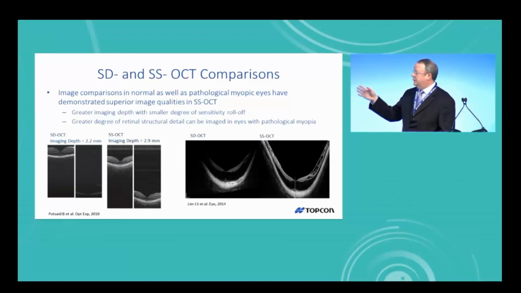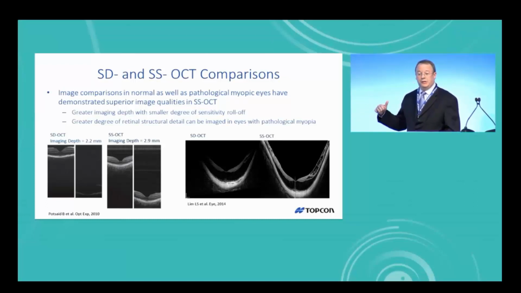With SSOCT, we see similar characteristics in the image, whether the retina is positioned towards the top or the bottom of the display. And also we note here that the display is even larger than it was in the SDOCT case.